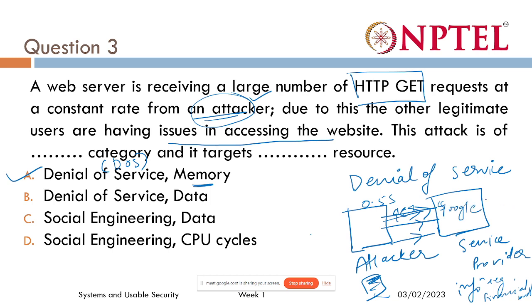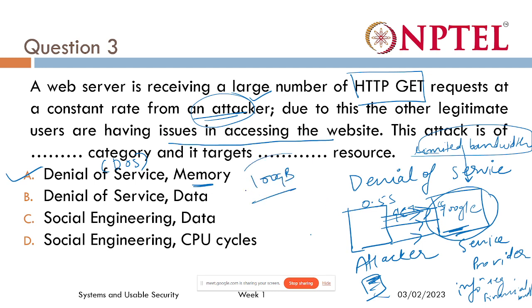What happens is this server has a limited bandwidth, and there is a limit to how many requests it can serve at a given point of time. Let's say the total memory is 100 gigabytes, and this attacker is constantly sending requests to it after every 0.5 seconds.